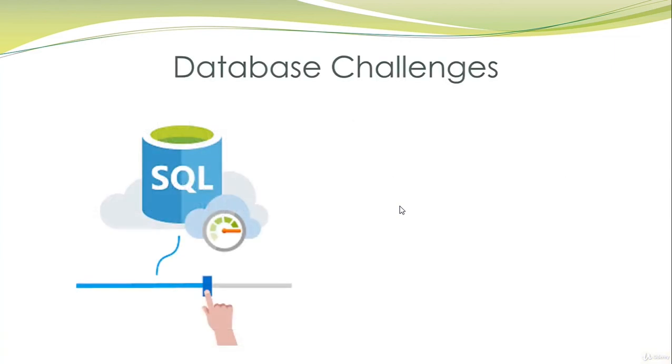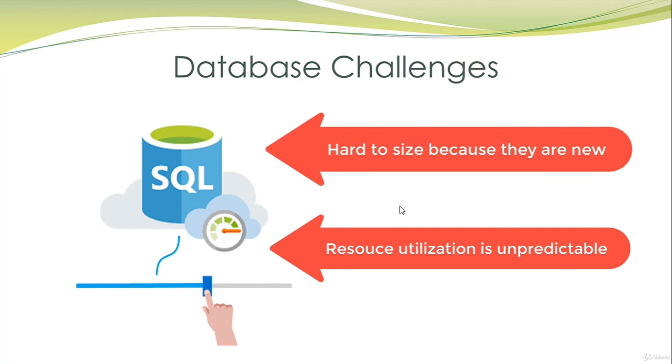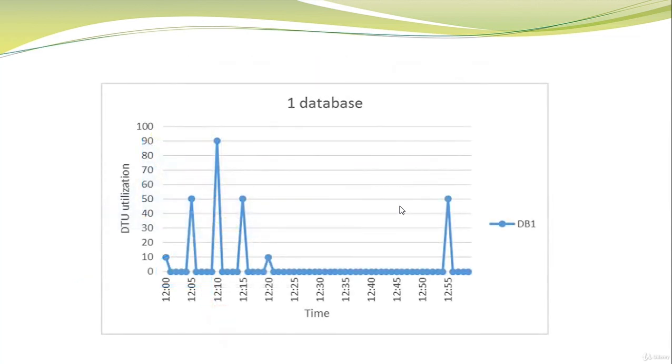A large organization might have a number of databases that are hard to size because they are new, and their resource utilization is also unpredictable, sometimes needing a lot of DTUs and sometimes needing only a few. The following figure shows an example of a database that spends much time idle, but also periodically spikes with activity.